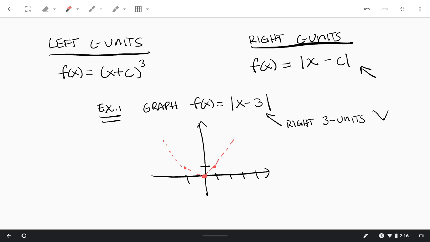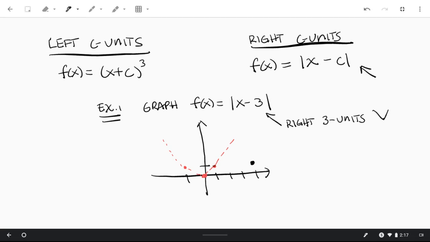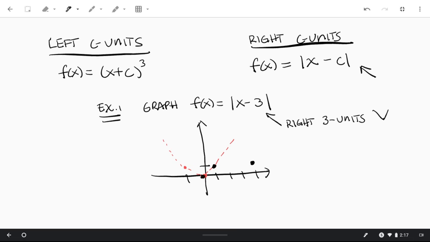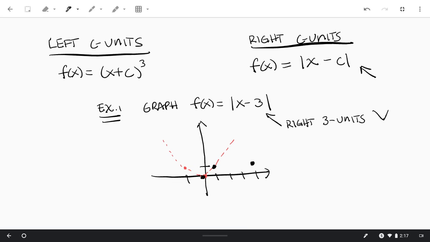Starting with this far right point, I'm going to shift it 3 units to the right. 1, 2, and 3. Let me use black. So this point right here has moved 3 units to the right. I'm going to take this one in the middle at 0, 0 and shift it 3 units to the right. 1, 2, 3.